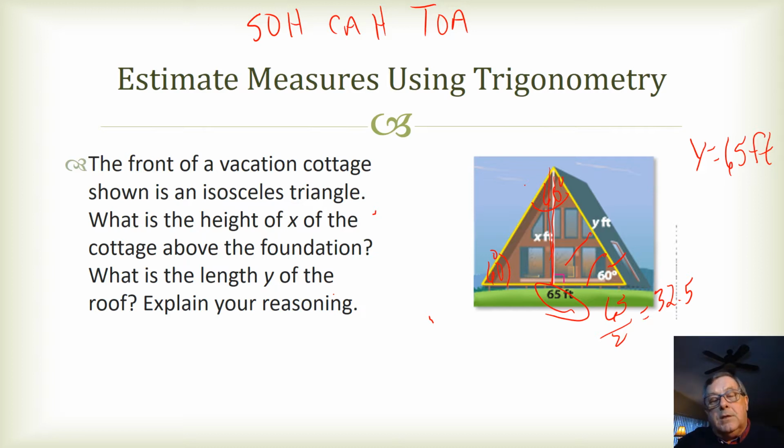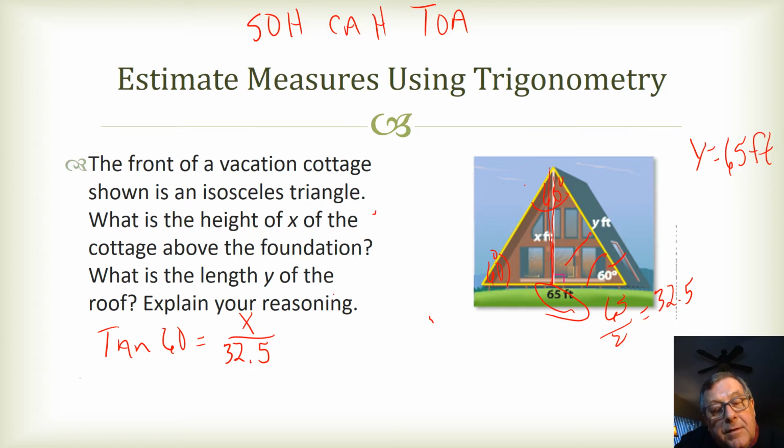All right, so let's go about this. Then I've got the tangent of 60 degrees is equal to the opposite, which we're told is X, over the adjacent, which is 32.5 feet. And if I want to solve for X, I'm going to multiply both sides of this equation by 32.5.